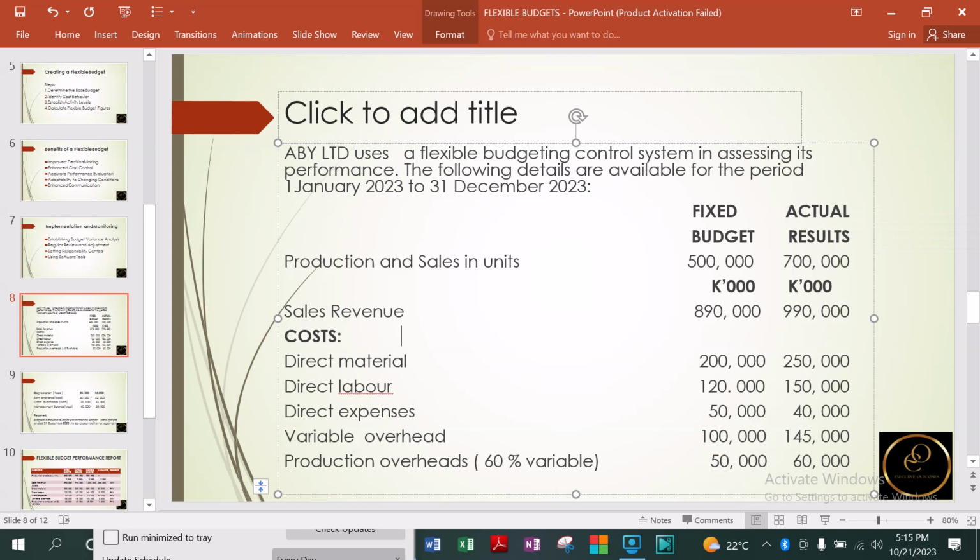The sales revenues are given here with 890 million for fixed budget and 990 million for actual results. You have the direct material, direct labor, direct expense, variable overheads, and production overheads, which are given as 60% variable, meaning the 40% component of this figure is fixed.